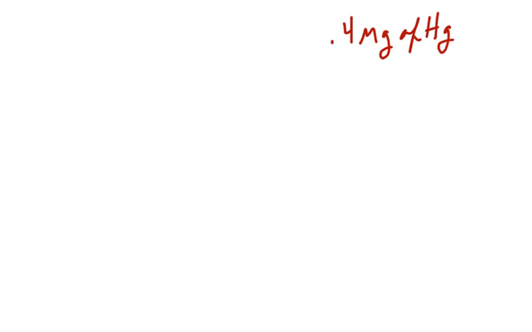So 0.4 micrograms of mercury in a milliliter, or I could write it as a centimeter cubed of water. So that's a density, right? It's a mass over a volume. 0.4 micrograms of mercury in every milliliter or centimeter cubed of water. What I'm trying to find out is the amount of kilograms of mercury in the lake. That's a mass.